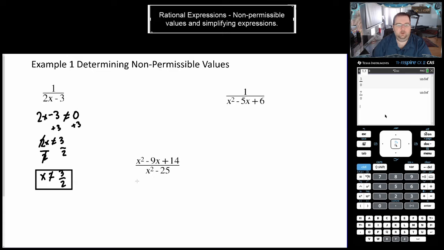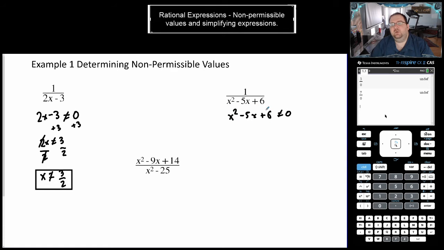Okay. Let's try this next one. So we have x squared minus 5x plus 6 cannot equal 0. And we're going to do the same thing. We're going to find our non-permissible values. But this time I'm looking at this, and it reminds me a lot of what we've been doing in previous lessons.